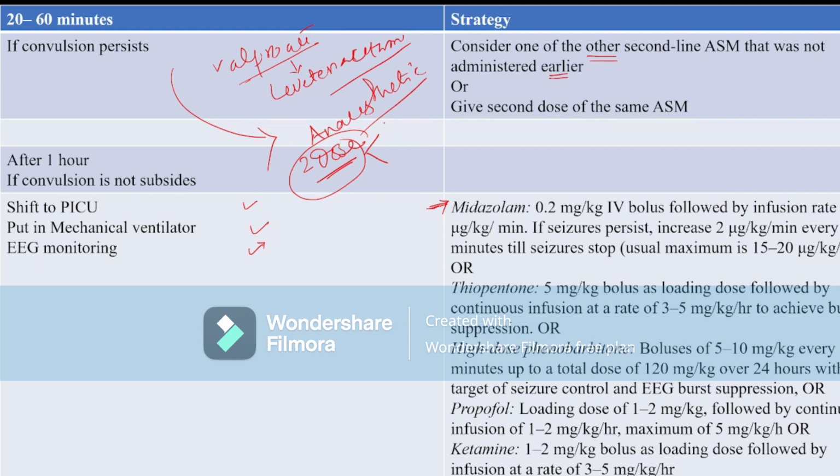It is better to start midazolam infusion after 1 hour of convulsion, if not subsided by anti-epileptic medication, and this is called refractory seizure.